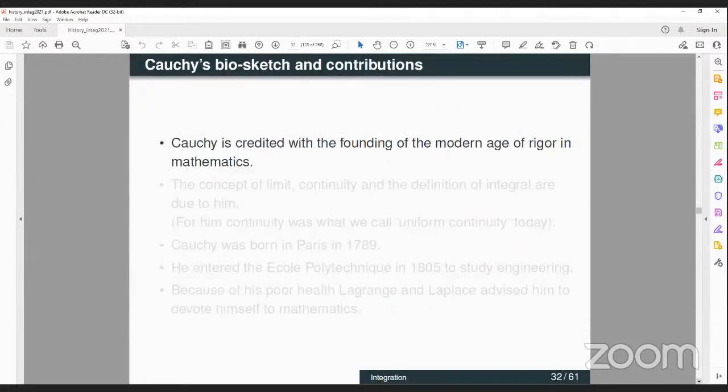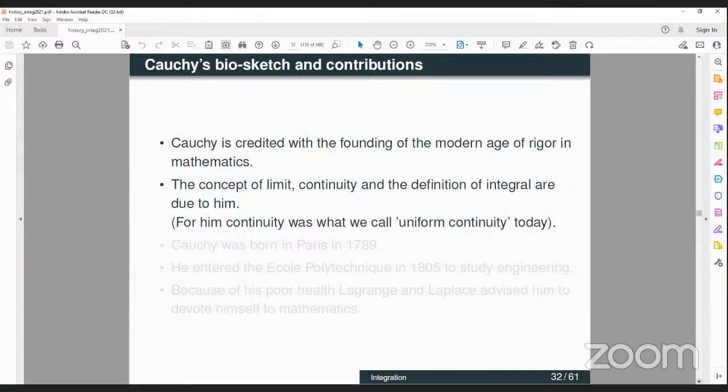Cauchy is credited with the foundation of the modern age of rigor. So the rigor in analysis was instilled by Cauchy. The concept of limit, continuity, definition of integral are all due to him. The only slip, if we can say, is that he understood uniform continuity as continuity.